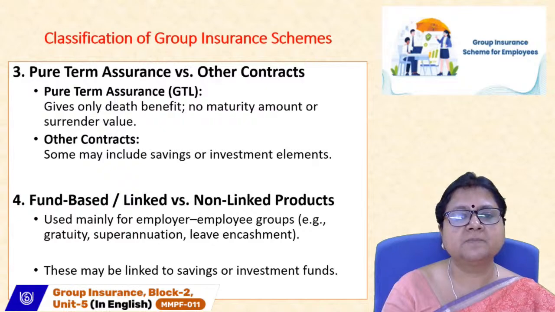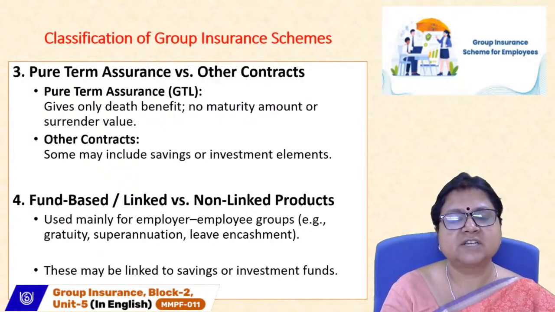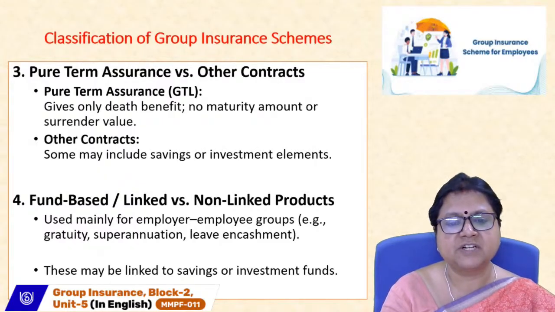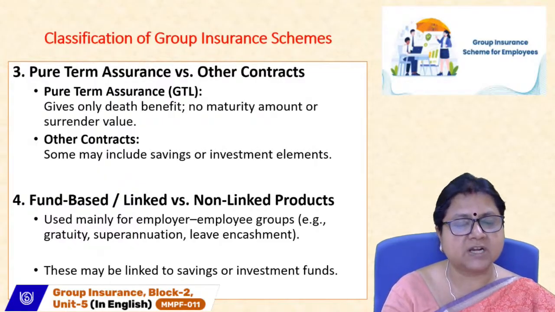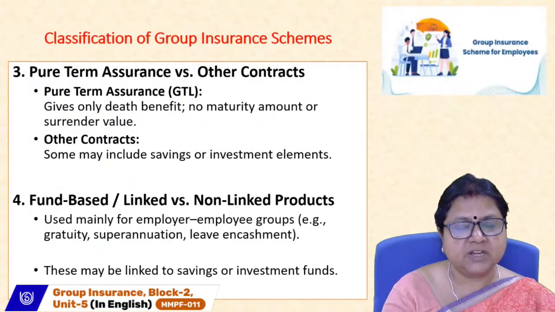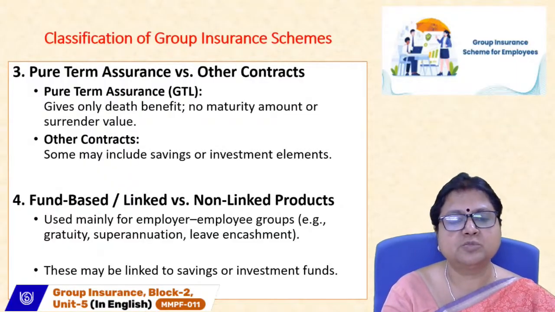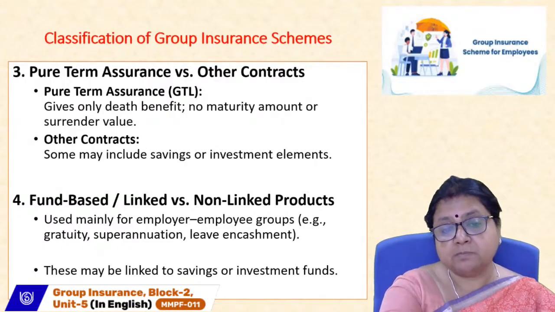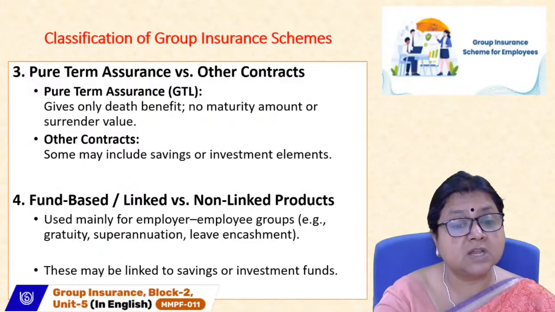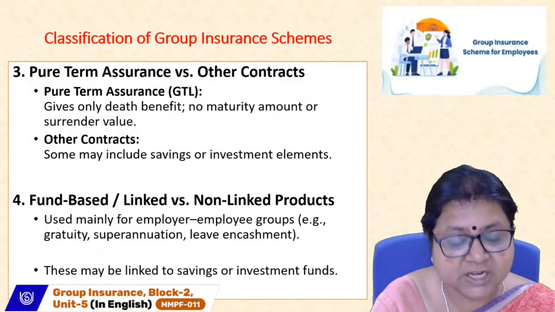Or there can be certain investment elements in the schemes, where they invest in the market and get some profits. If the investment has profits, then they will be shared by the company with the organization, because here the main policy holder is the organization.